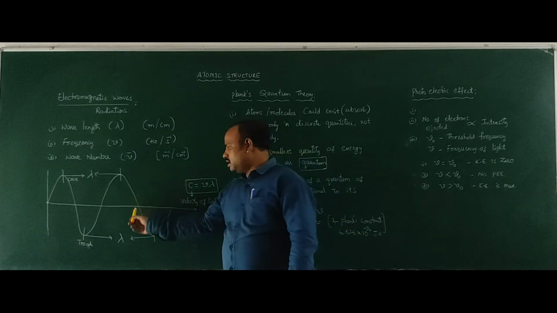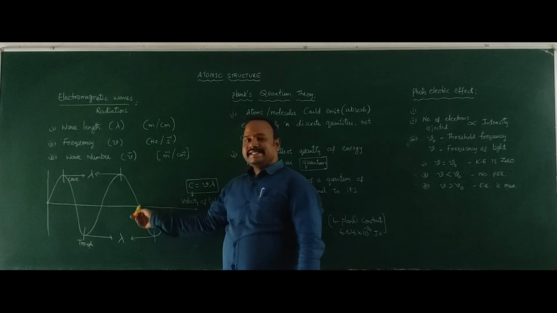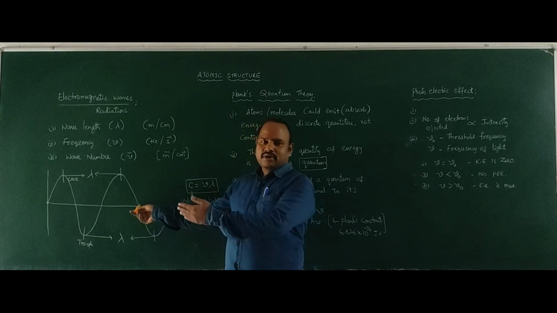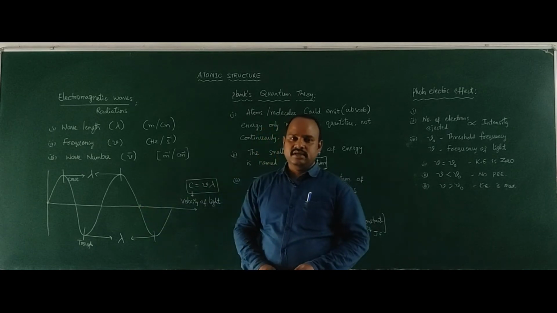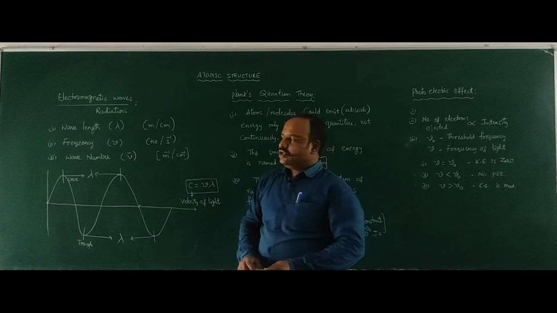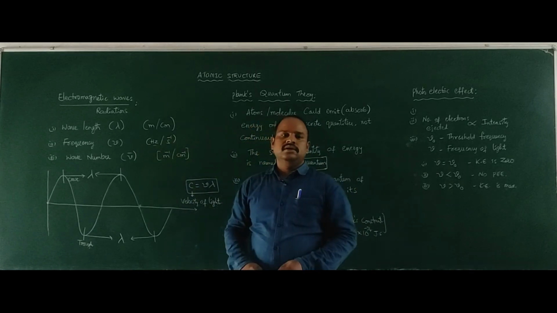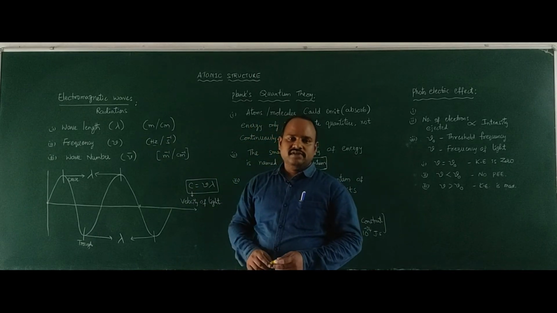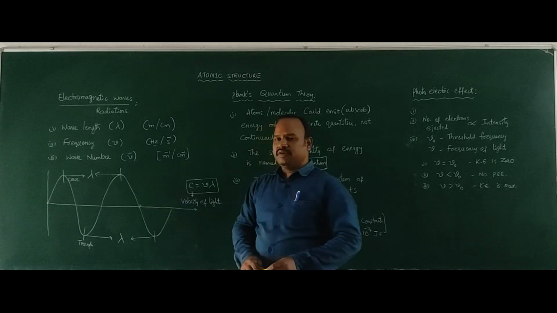Consider I am choosing a point here. At this point in a second, how many waves are passing through that point? That number of waves is named the frequency. The unit for frequency is hertz or per second.